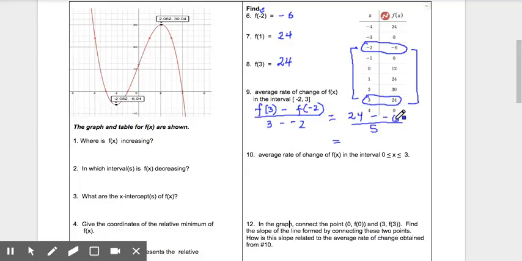Now 24 minus negative 6 becomes 24 plus 6, so this becomes 30 over 5, and therefore we get 6. So the average rate of change of f of x from x equals negative 2 to x equals 3 is equal to 6.